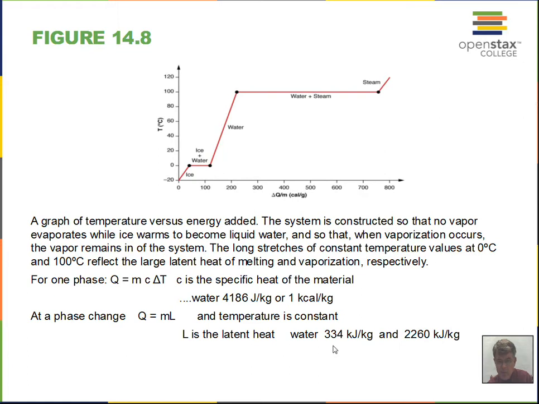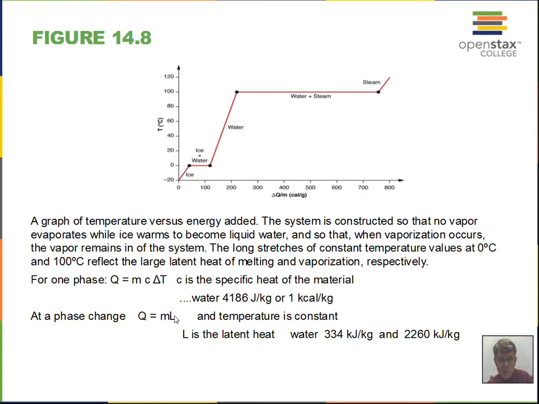And again, just look up these numbers when you need them to use them. But we have a situation where we can relate how much energy goes in or comes out of the object to the temperature change, as long as we know the mass and we know the specific heat number. We know what material we're working with. For phase changes, it's a simpler calculation. The temperature is constant. So why is there no delta T factor here?